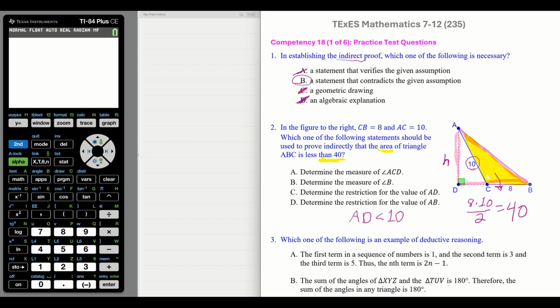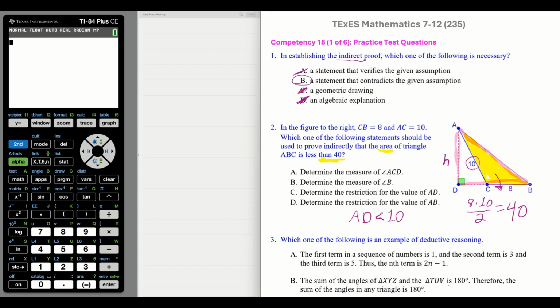If AD is less than 10, then there is no way that this value of 10 of AC is going to be part of the area of the yellow triangle. So we have just proven that there's no way that that can be 40 because AD, the height of the larger one, is less than 10. 10 can't be the height, so it can't equal 40.